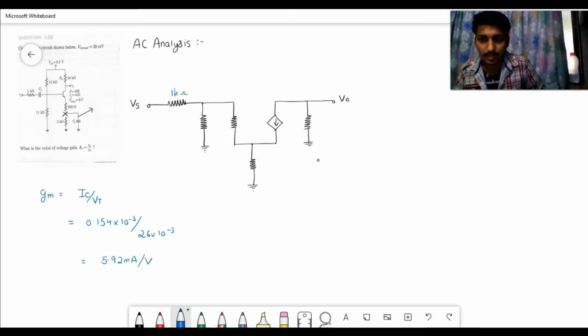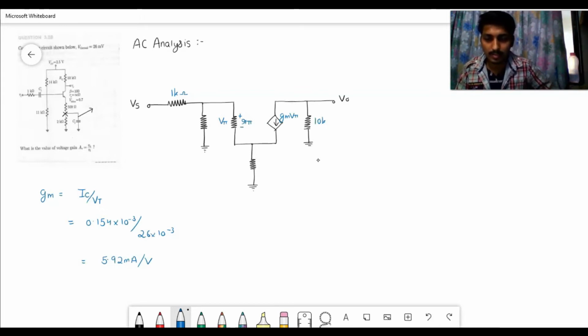This is nothing but 1 kilo ohm here, and the particular RTH is given as plus or minus V pi, R pi. We will find R pi, gm V pi. This is nothing but RC. RC is given as 10 kilo ohm.